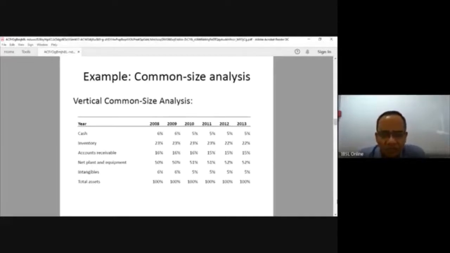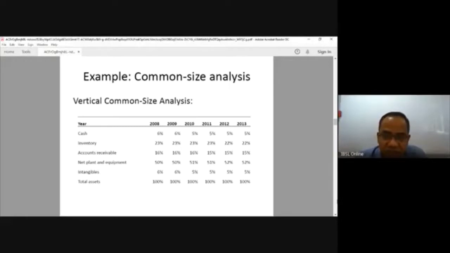Then what you do, you compare this across the years. Here how that changes. Now cash has come down. Cash component of the total asset has come down from 6% to 5%. Inventory also 1%, it has come down. Account receivable also has come down. Plant and equipment, investment in the plant and equipment, as a percentage, that has increased, right?